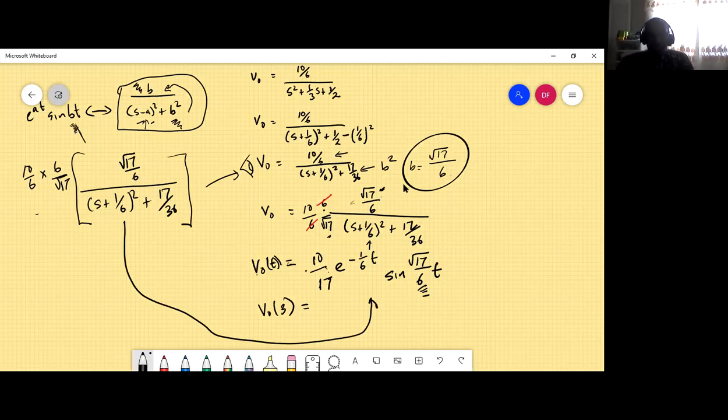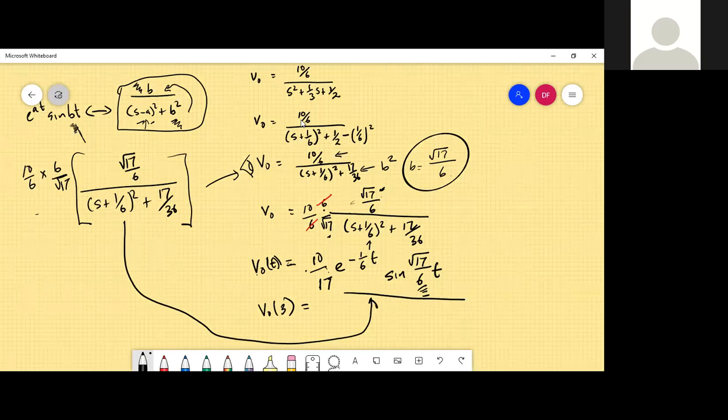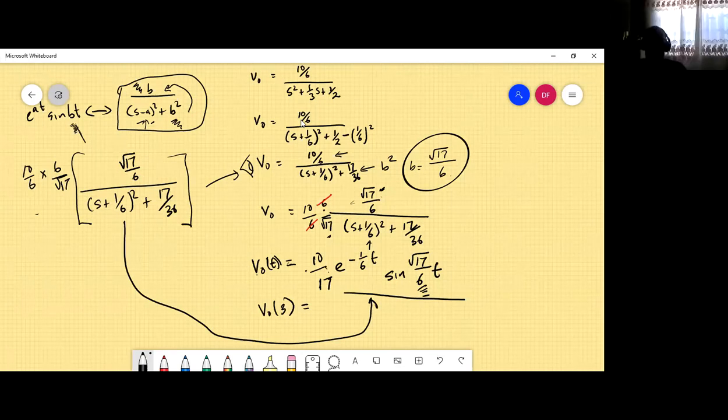Go back again. The 10 over 17. Go back again right there, sir. Not too sure. So it's supposed to be 10 over root 17.